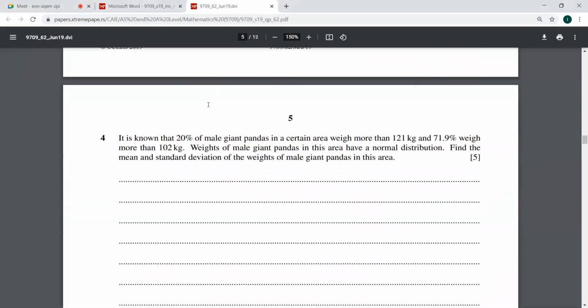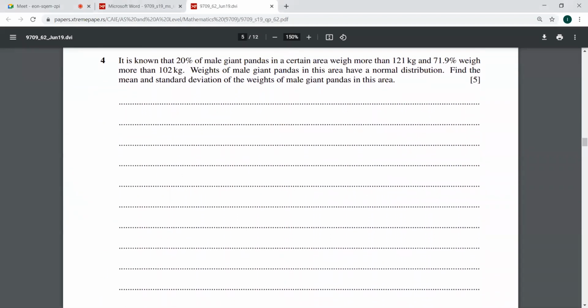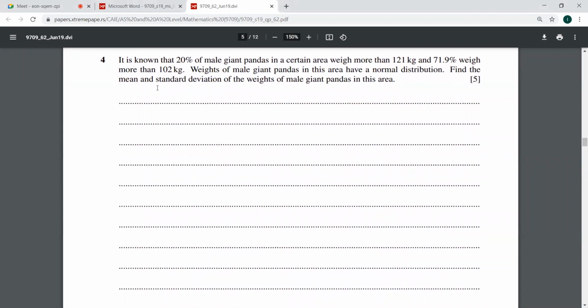And I move to the last question for the day. Another question where you see we are clearly given that there is a normal distribution. It is known that 20% of male giant pandas in a certain area weigh more than 121 kg. So that means probability that X is more than 121 is going to be 0.2. And 71.9% weigh more than 102.